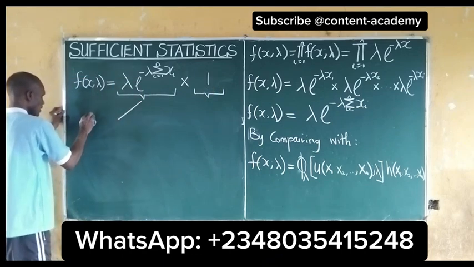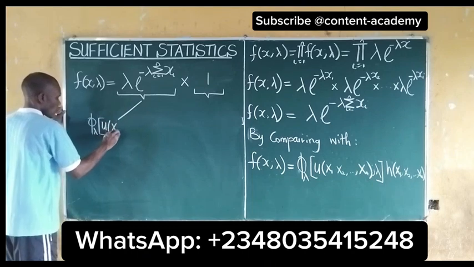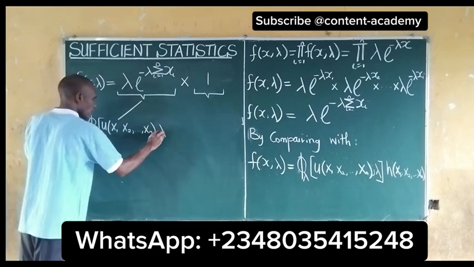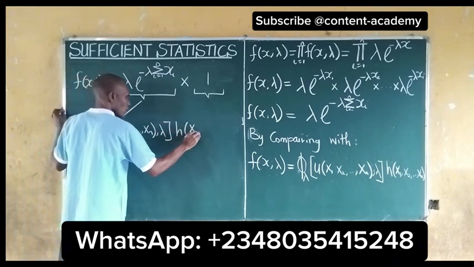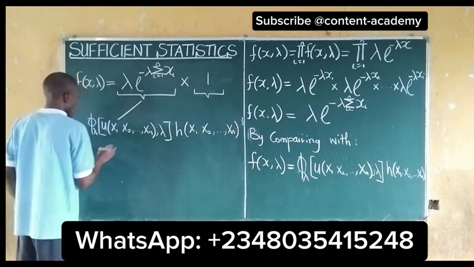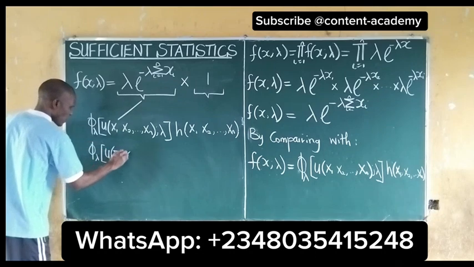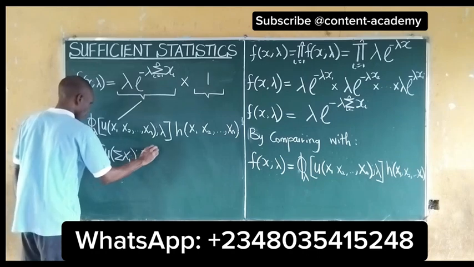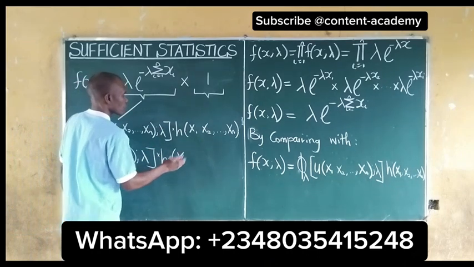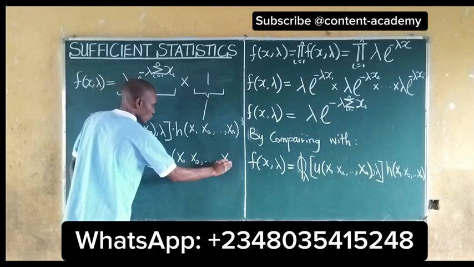So we can write these components as u of x1, x2 to xn, which also depends on lambda, multiplied by h of x1, x2 to xn, which also can be written as summation of xi, which depends on lambda, multiplied by h of x1, x2 to xn.